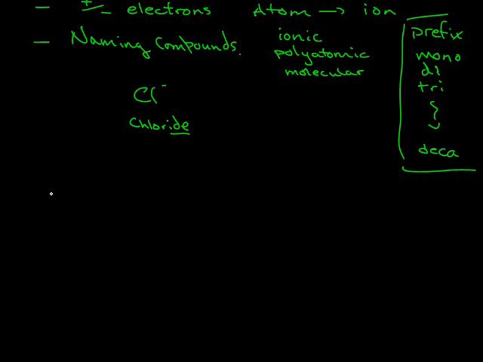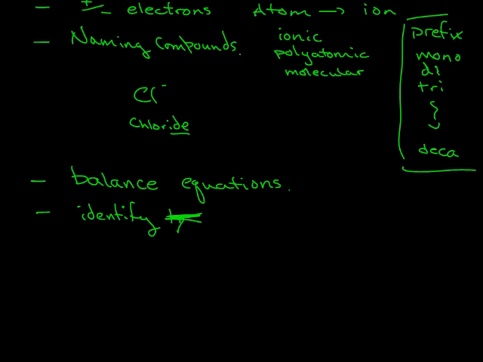From here, of course, we need to balance chemical equations. From that, we should also be able to identify types of equations, and also then make predictions.